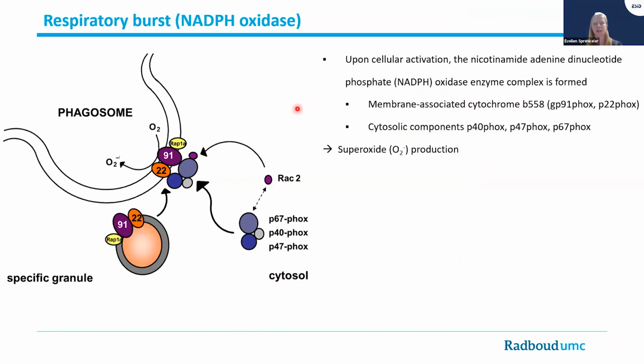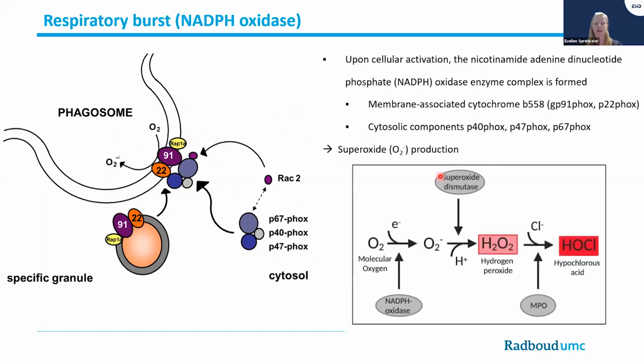Upon cellular activation, the NADPH oxidase enzyme complex is formed, which is composed of membrane-associated subunits, gp91phox and p22phox, and cytosolic components p40phox, p47phox, and p67phox. Once the complex is assembled, which can be on a phagosomal membrane or on a plasma membrane for extracellular ROS production, oxygen is catalyzed into superoxide.